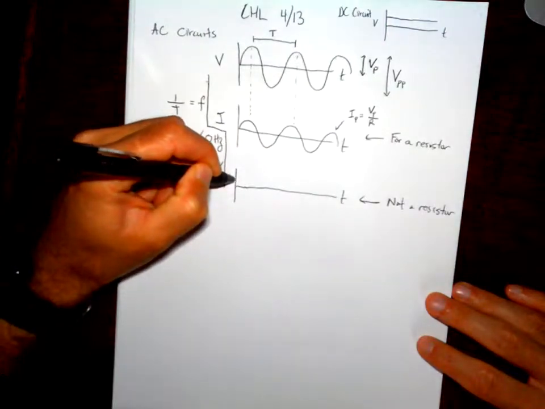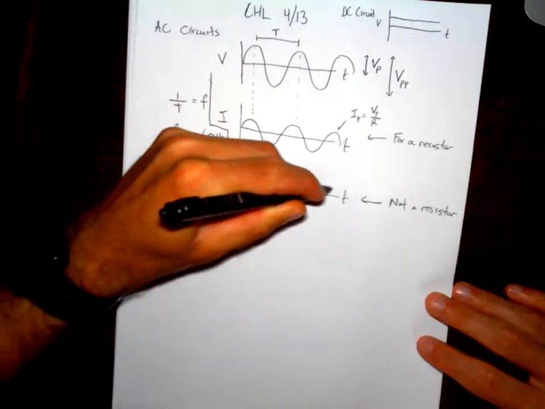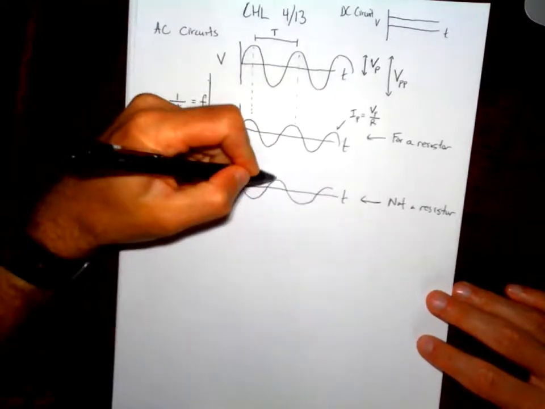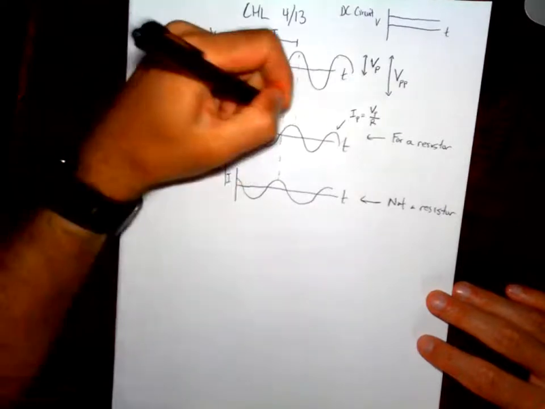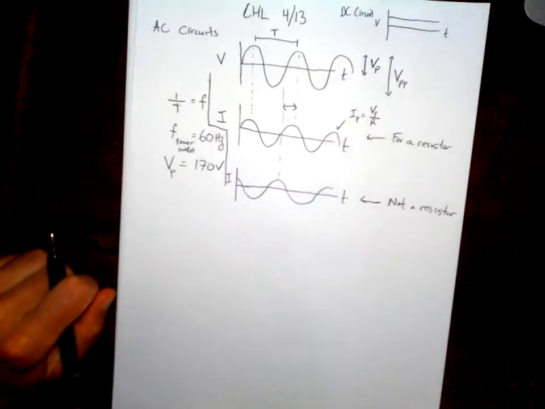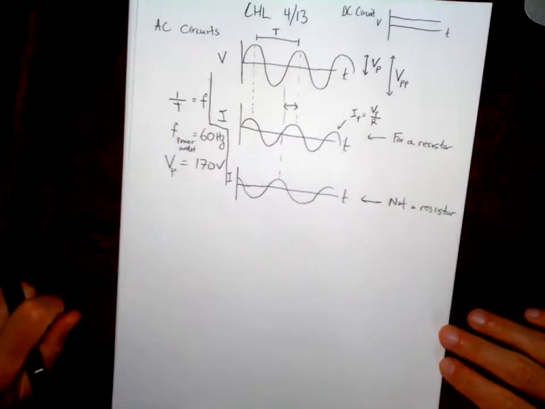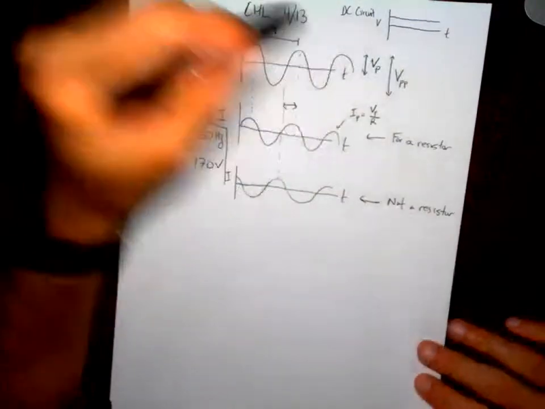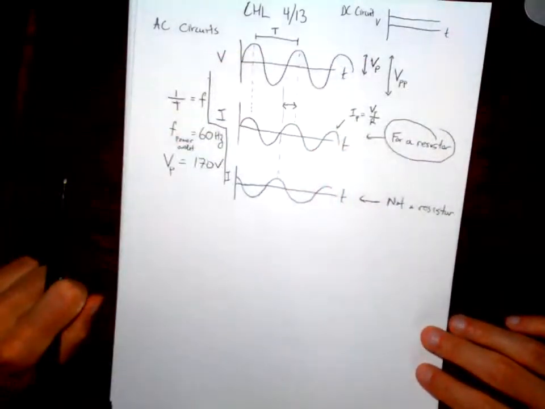So maybe it looks like this. See how now the peaks aren't lining up. So we would say that there's a phase shift between them. Things like capacitors and inductors actually have a phase shift. But luckily for us, we're just going to worry about resistors.